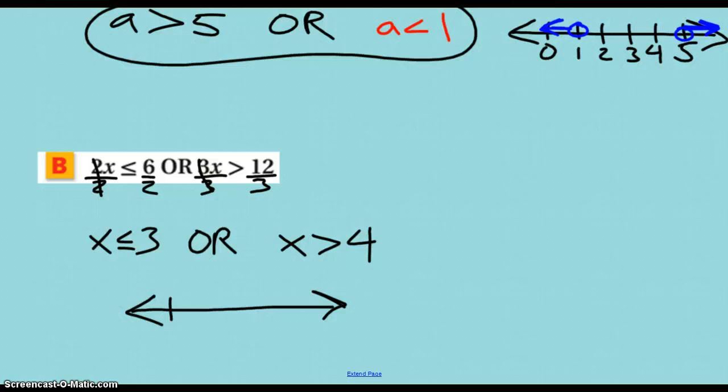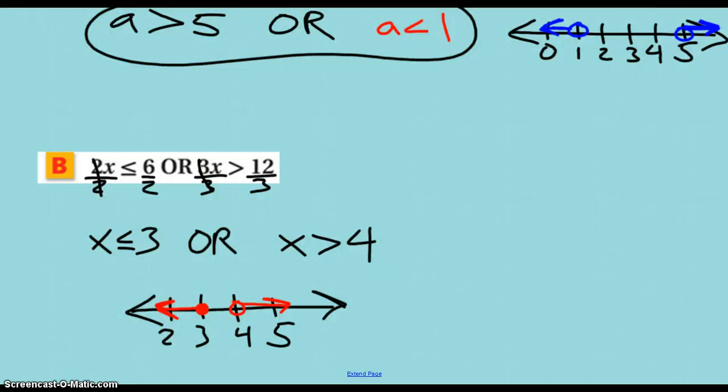So let's go 2, 3, 4, 5. Okay. X is less than or equal to 3, including 3, and going that way. And x is greater than 4, not equal to, looking like that. And there we go.